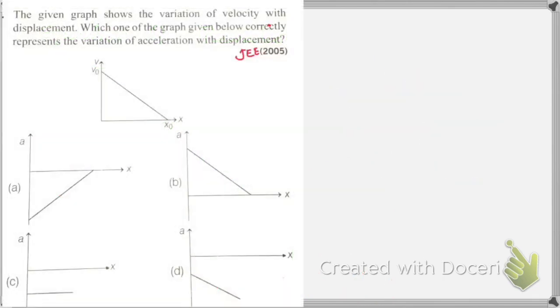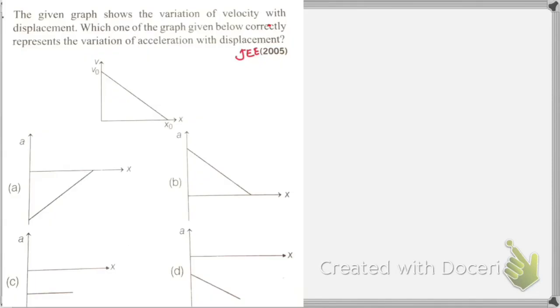So now let us solve this question. Here you can see the given graph; they are talking about this graph, which shows the variation of velocity with respect to displacement, okay?